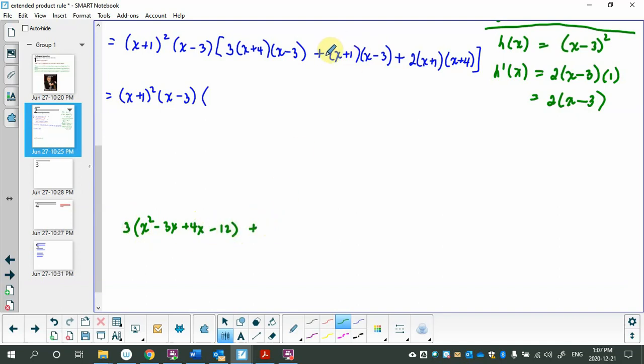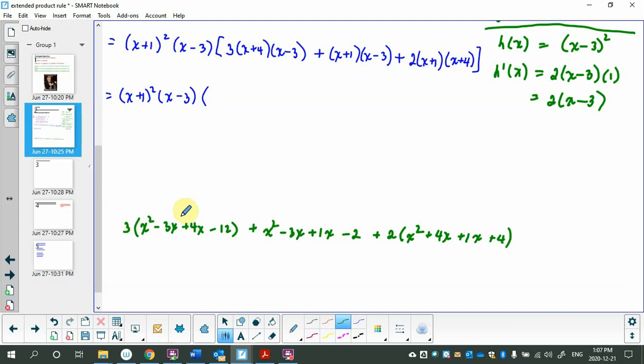Plus, I don't have a number out front here, so I'm super happy. X squared minus 3x plus 1x minus 2 plus 2 FOIL x squared plus 4x plus 1x plus 4.